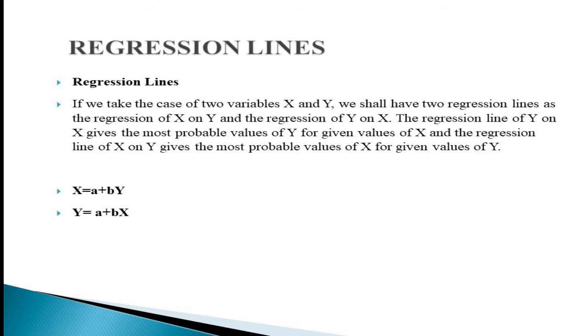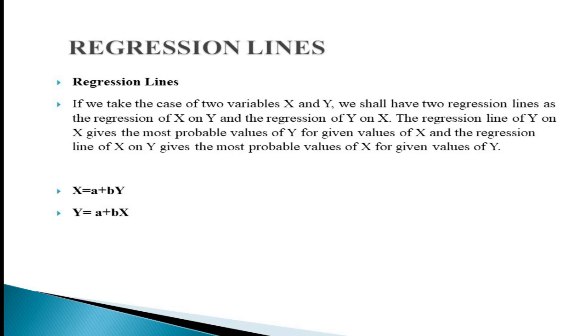That means if the y value is given, you can find the x value. x is equal to a plus b y, right? So if the y value is given, you can find the x value. In the same way, if the x value is given, you can find the y value, after finding the values of a and b.